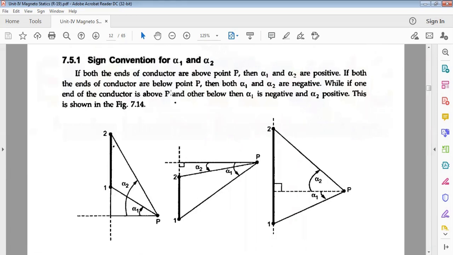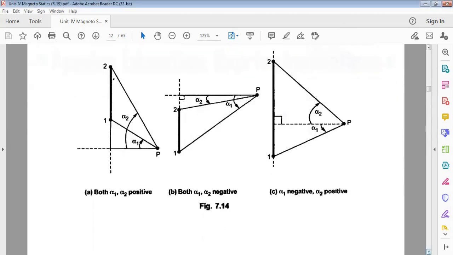While if one end of the conductor is above the point P and the other below, then alpha 1 is negative and alpha 2 is positive. It depends upon the finite values taken. So if 1 and 2 are on the positive axis, both alpha 1 and alpha 2 are positive, and if both are below, both are negative. If one is on the positive and one on the negative, whichever is on the positive side has a positive angle, and whichever angle is on the negative side is a negative angle. Okay.